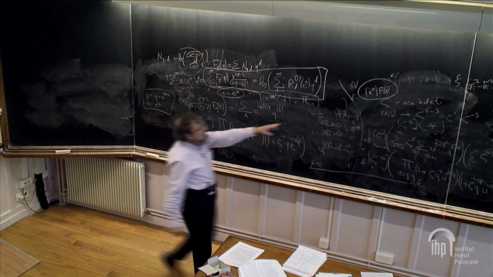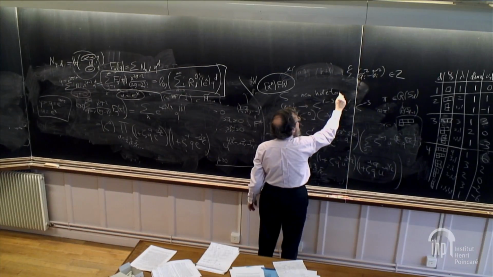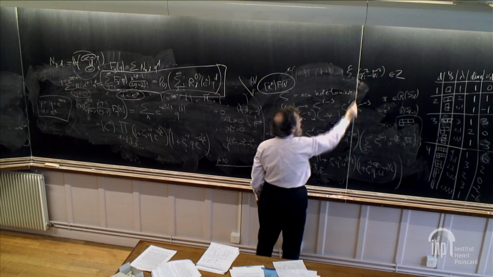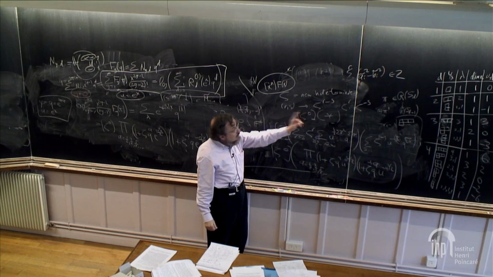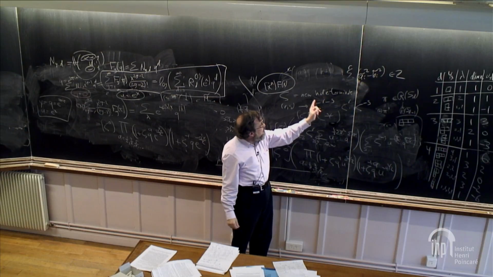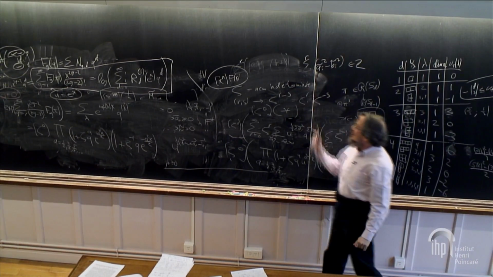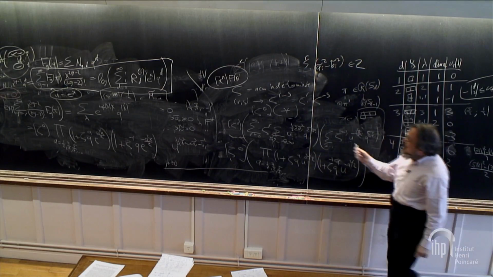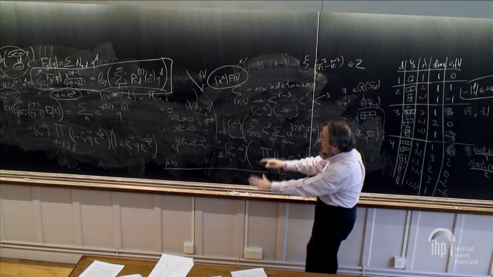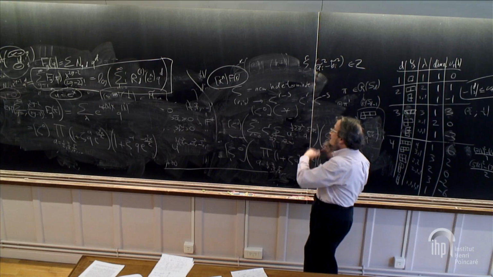Zeta is a new indeterminate. It's just a letter. It's a new indeterminate.